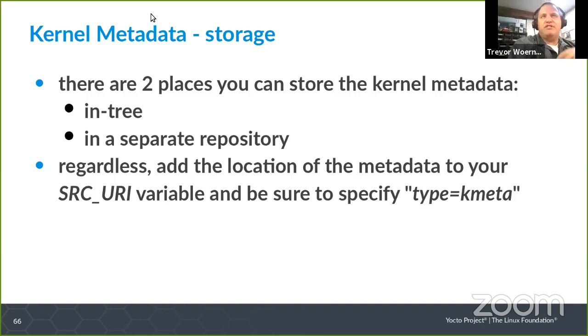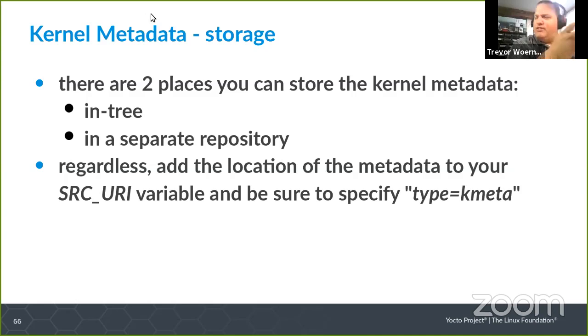You can have a repository of your build configs, and recipes can have multiple source URIs, and you just simply include it as a separate URI. Whether it's something you have to fetch over the network through Git or something, or whether it's a file within the local tree, you just simply specify it as a source URI.